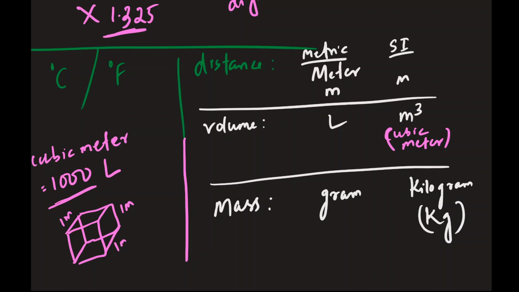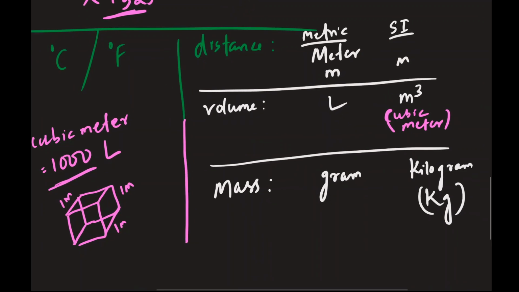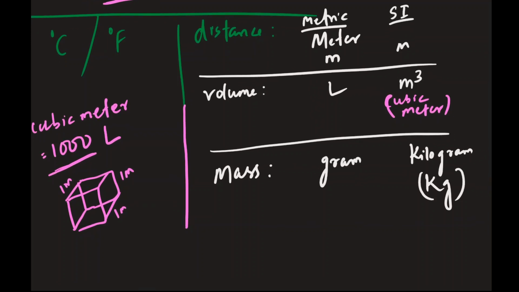We will be using a lot of these units, and for simplicity we'll use either metric or SI units. But in the problems I might ask you for the conversion factor between these two. We'll talk about conversion factors in a few lectures, so don't worry about it.